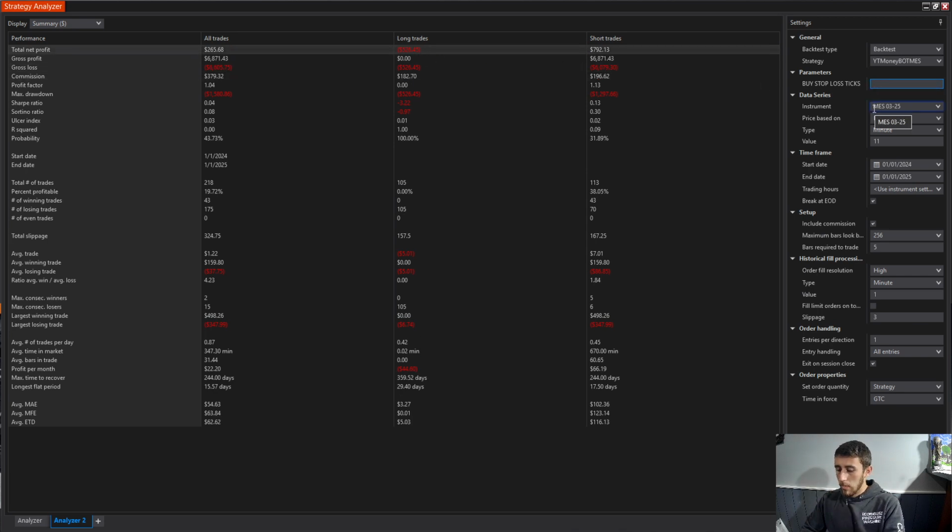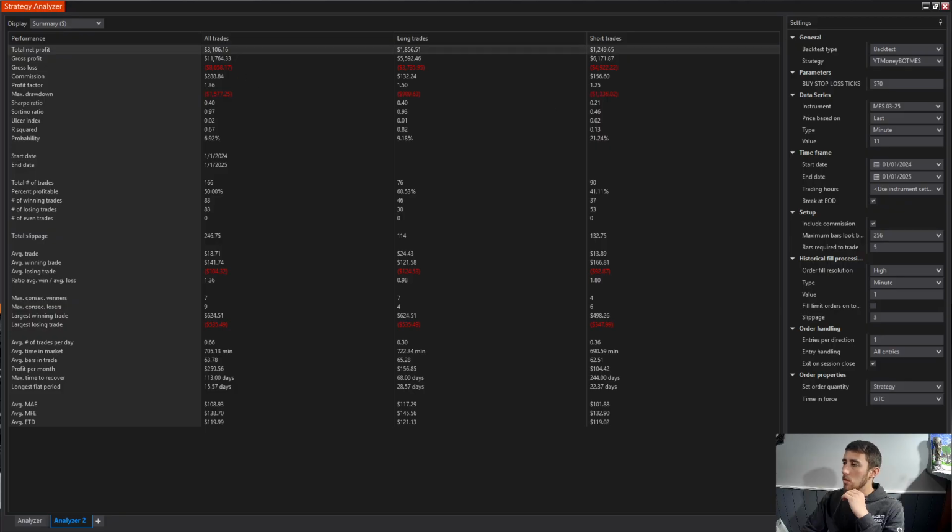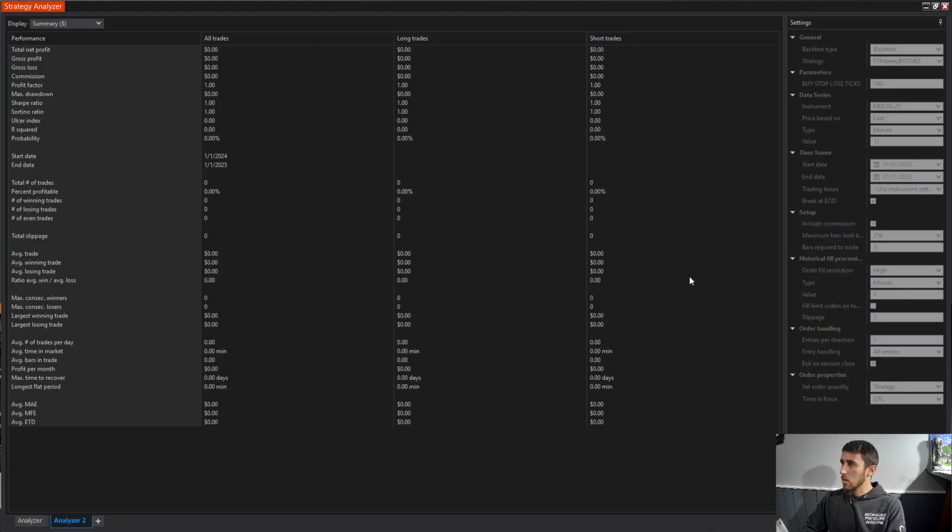But 570, right? Huge difference. 200 different. And I believe the short side should be staying the same every time. Yes. It's only affecting the buys.